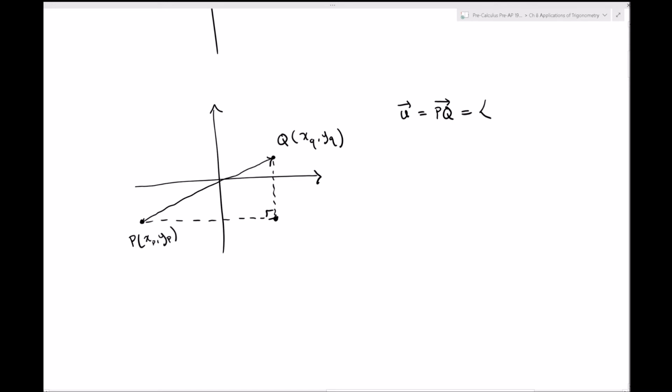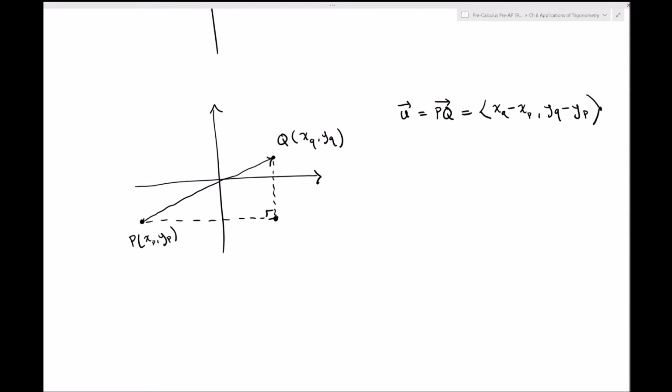Final minus initial. So the final x coordinate was xq. Its initial was xp. For the y coordinates, in the y position, this is going to be yq, where it ended up, minus where it started, yp. And that's how we form a vector given 2 points in the coordinate plane.